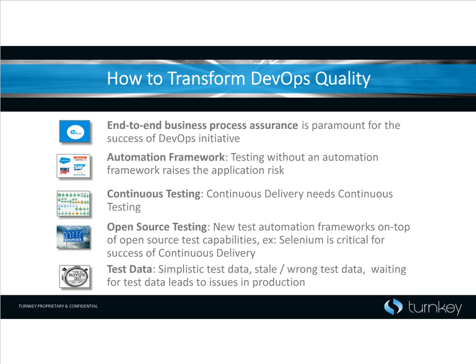Then finally, test data. Simple test data scenarios, stale old test data, the wrong data, or more importantly, waiting for test data while in a DevOps sprint and having that have substantial impact on the speed that is the purpose of the initiative, really leads to issues in production.